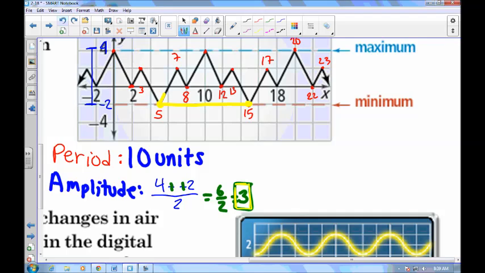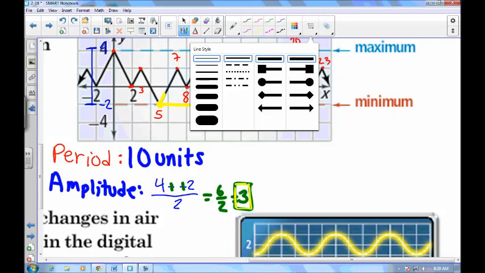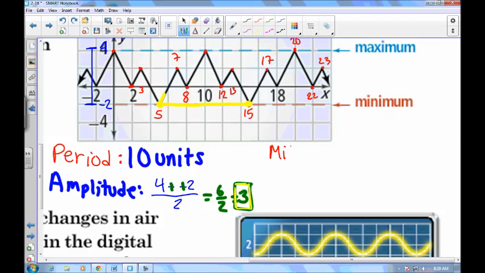Okay, to find the midline when it's not oscillating around the x-axis, we can take the maximum and subtract the amplitude. So the maximum you told me was 4. The amplitude was 3, so if we subtract, we get 1.